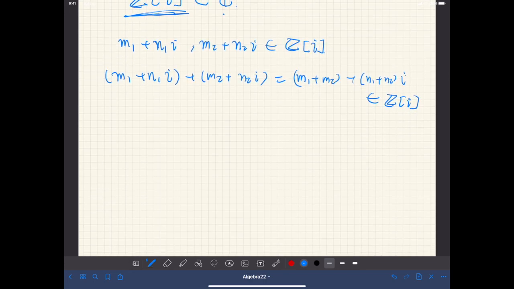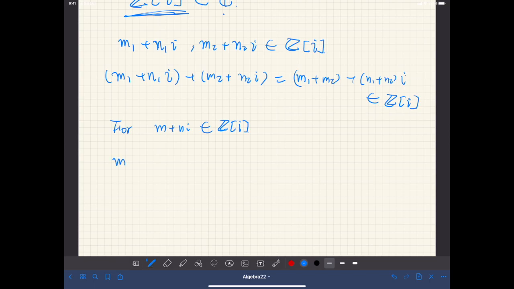And then for m plus ni in Z of I, its additive inverse is of course negative m minus ni.